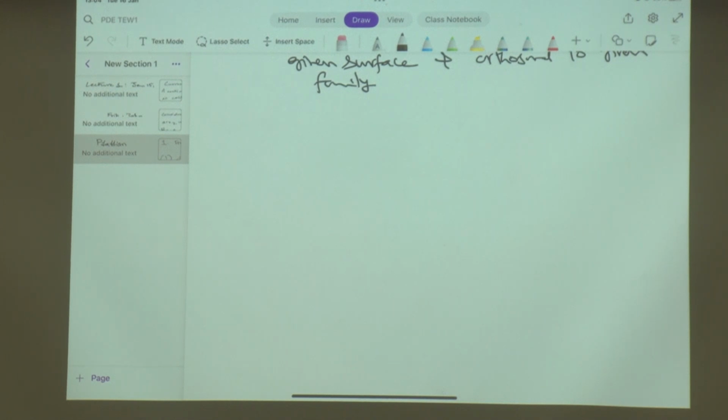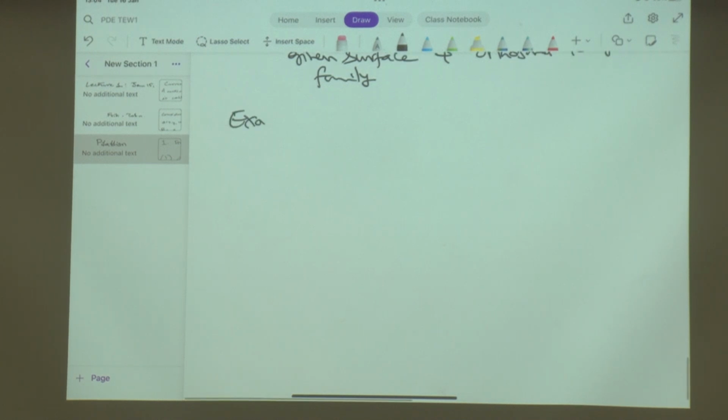So instead of doing the theory part, let me do the problem. So the example: my f is the sphere, the unit sphere.